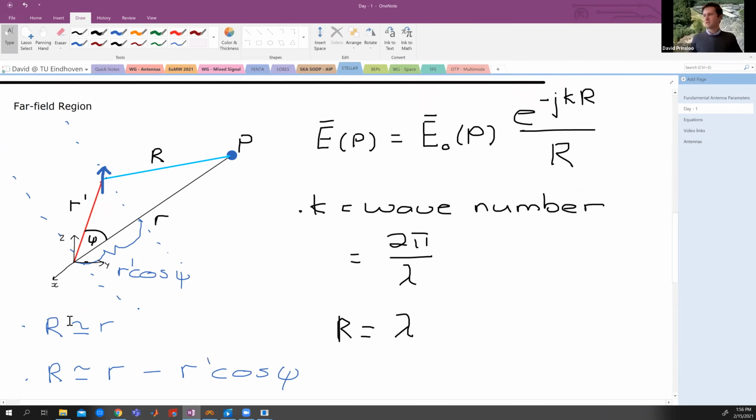So let's just quickly implement these two approximations that I've now just listed.